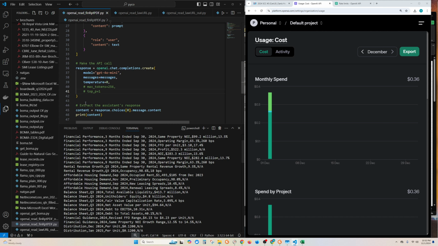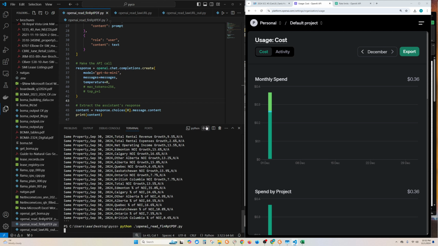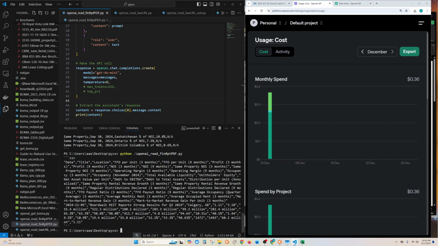So let's check out what ChatGPT Mini will do compared to its bigger brother. Ooh, that was fast. Did you see how fast that was? Okay, well, I guess let's see what we got.